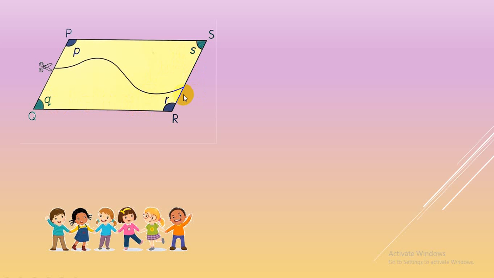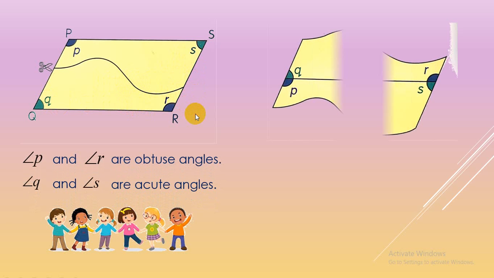Great job. If we cut it into two pieces and arrange them so that PS and QR are placed together, like this, they form a straight line. What is the sum of angles on a straight line? Do you remember? Great job, 180 degrees.